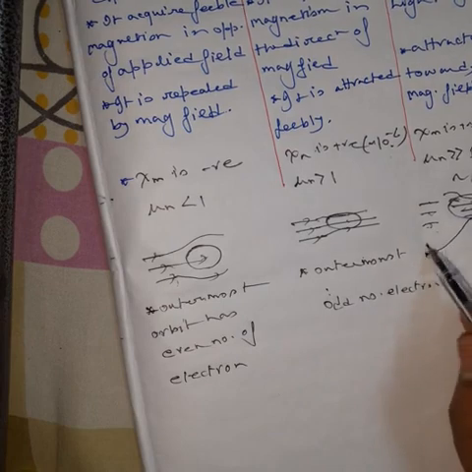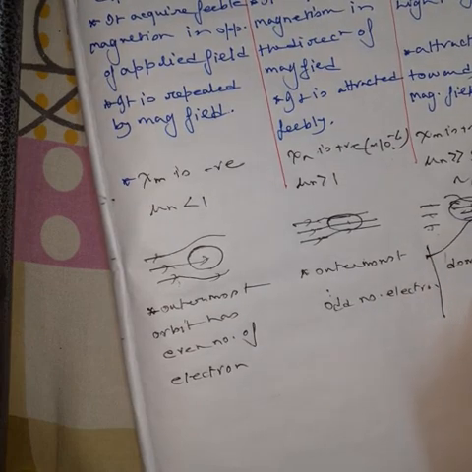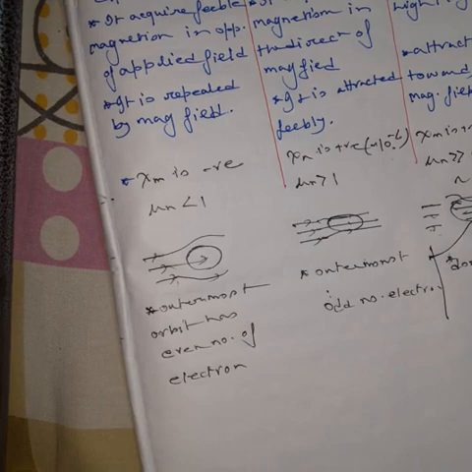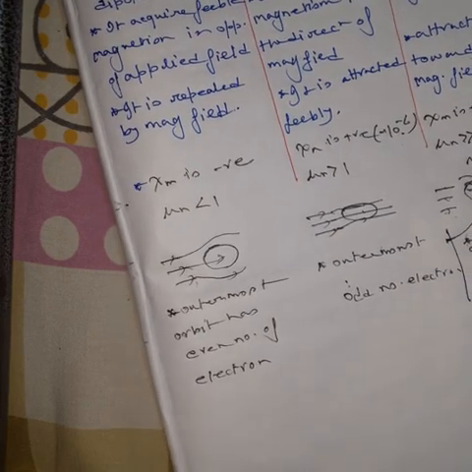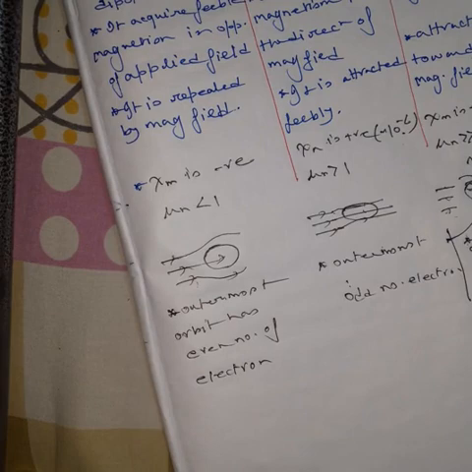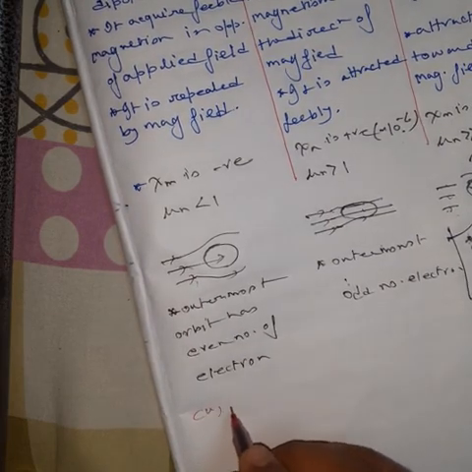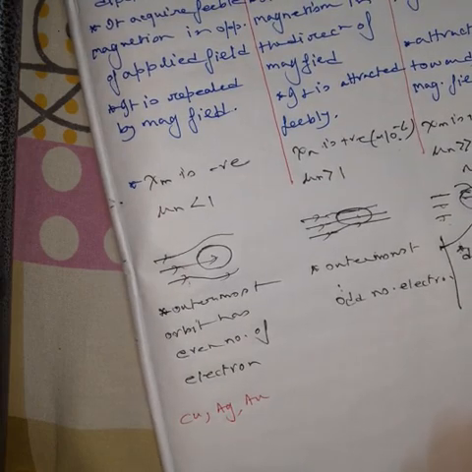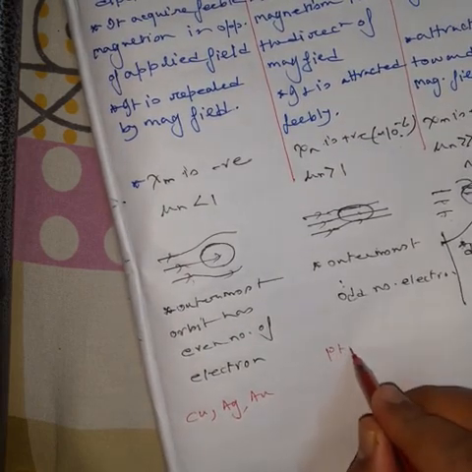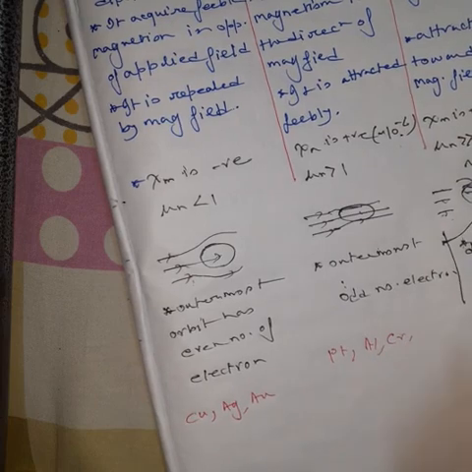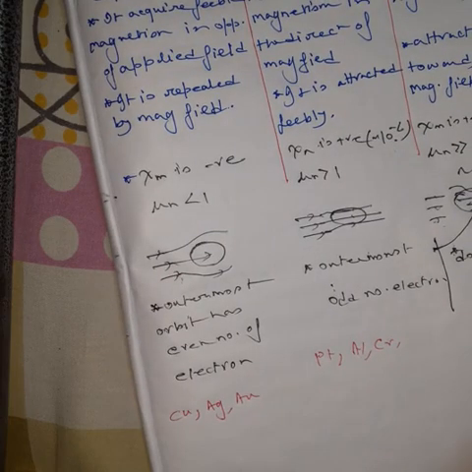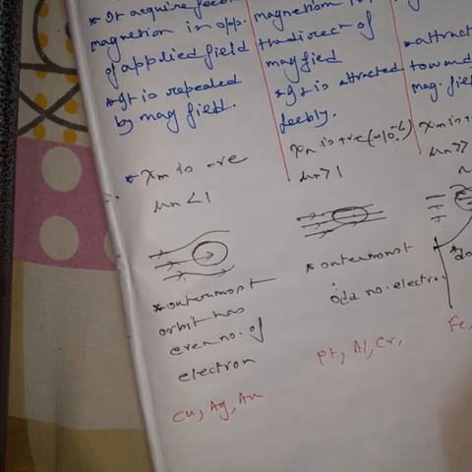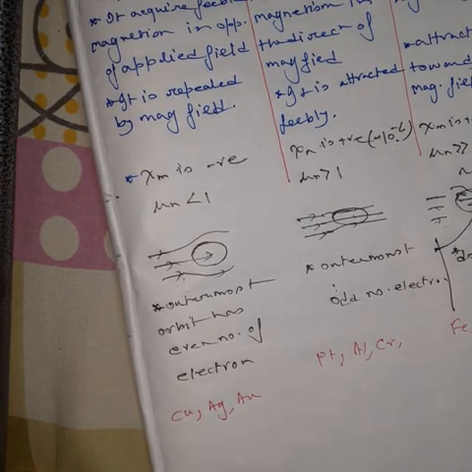They are governed by some domains. It is written there in my copy. Examples of diamagnetic are copper, silver, gold. Paramagnetic materials are platinum, aluminium, chromium, and ferromagnetic are iron, nickel, cobalt, etc.